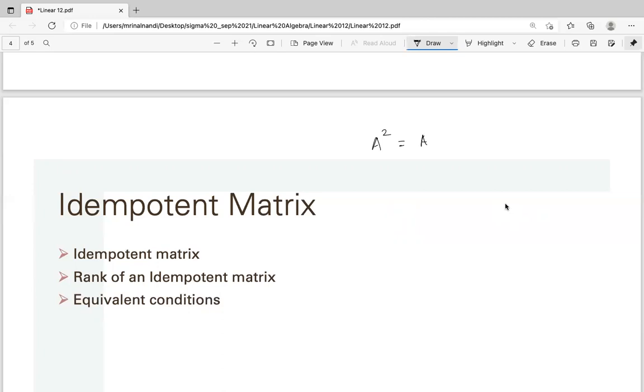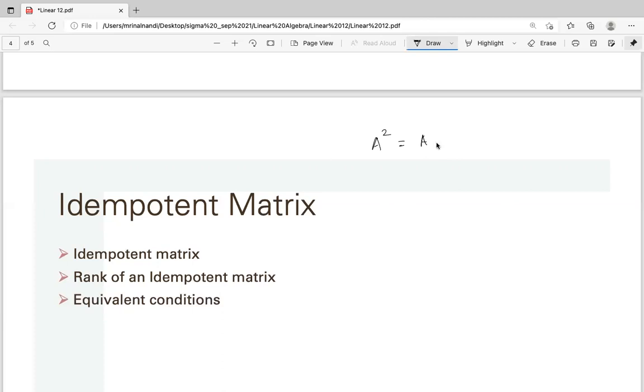It's just a very simple algebraic thing. No need of column space, row space, vector space concepts or linear transformation concepts. We can easily define A square equals A without defining vector spaces or linear transformations.